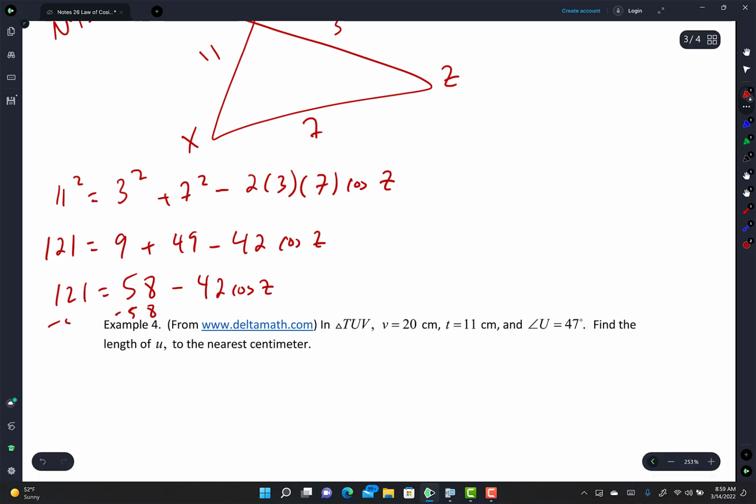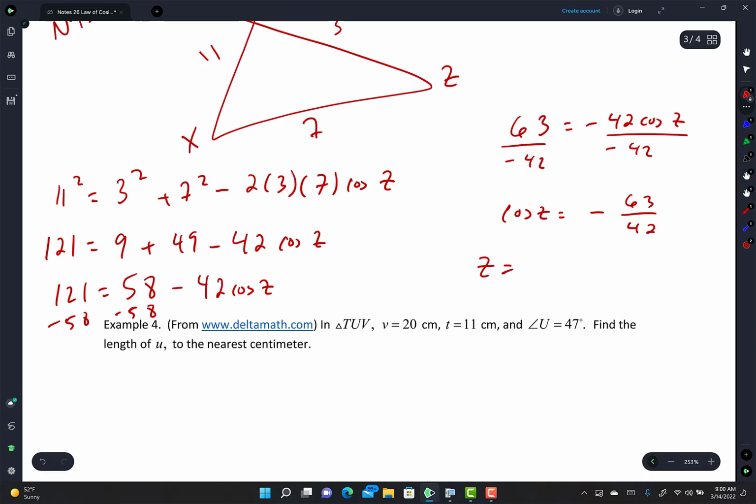Subtract 58, subtract 58. What's that? 63 equals negative 42 cosine Z. Divide by negative 42, divide by negative 42. Cosine Z equals negative 63 over 42.